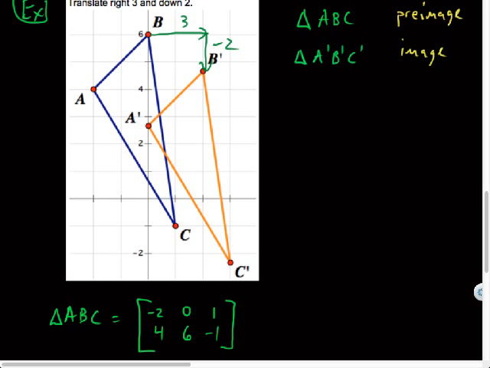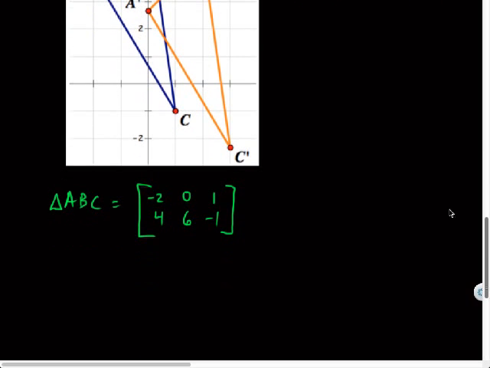So if I want to translate this, I want all of the x coordinates to have increased by 3, right? So the operation that I would do to accomplish that is I would add the following matrix. If I'm adding, what size does my matrix have to be? It's got to be the same size. So it's also going to be a 3 by 2. And I want to add 3s to all of the x coordinates, so my entire top row would be all 3s.